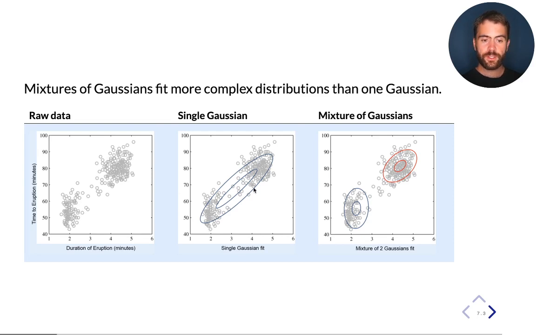If we were to fit a single Gaussian, this would clearly not be adequate. But if our model is a mixture of Gaussians, then it would learn to represent this data. It would learn that these are the distributions of the 2 Gaussians that generated this data. And now, given any point in this training set, we can determine which of the 2 Gaussians it comes from using a probabilistic query.